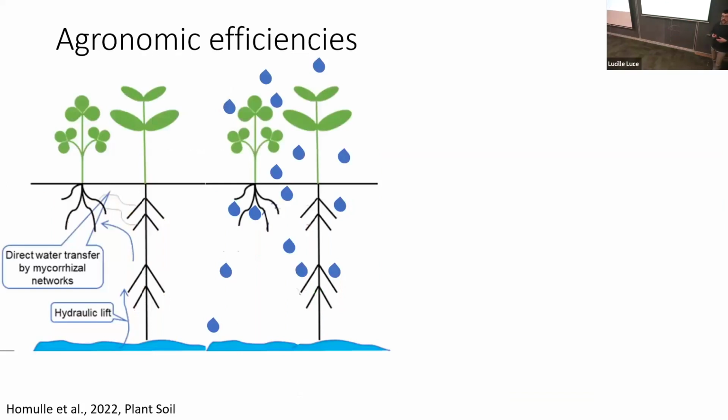In terms of these agronomic efficiencies, there's been a lot of research looking at how intercropping systems can increase water use efficiency. There are a couple of different mechanisms for this: hydraulic lift, and complementarity of rooting systems, capturing more of the water that falls as precipitation, which could lead to more yields.